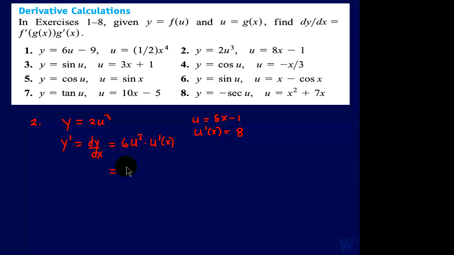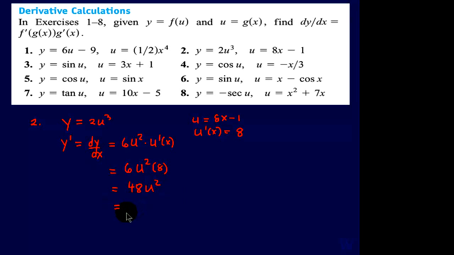So I substitute now, it's 6 times u squared times 8, which is 48u squared. But remember, we are differentiating with respect to x. So all I need to do is just put there 48 times, what is u? 8x minus 1 whole thing squared.